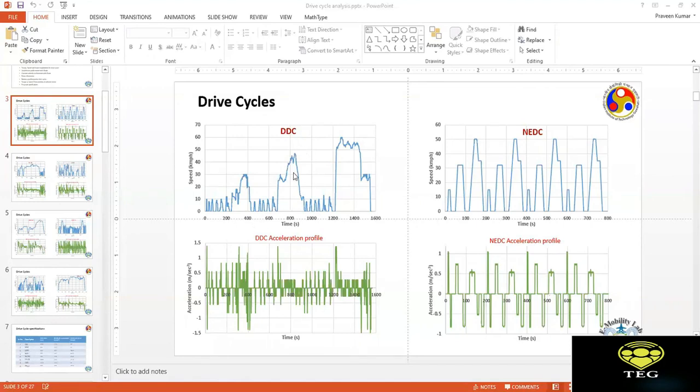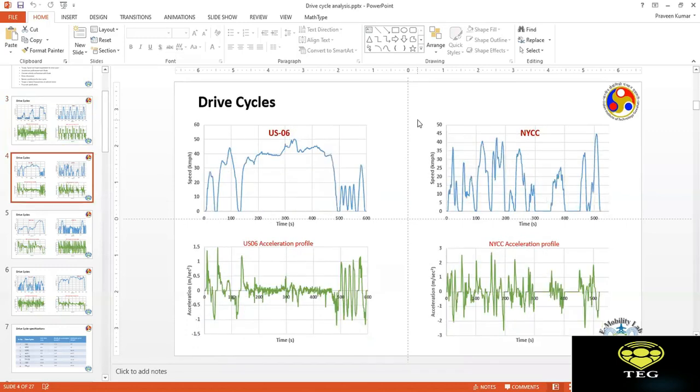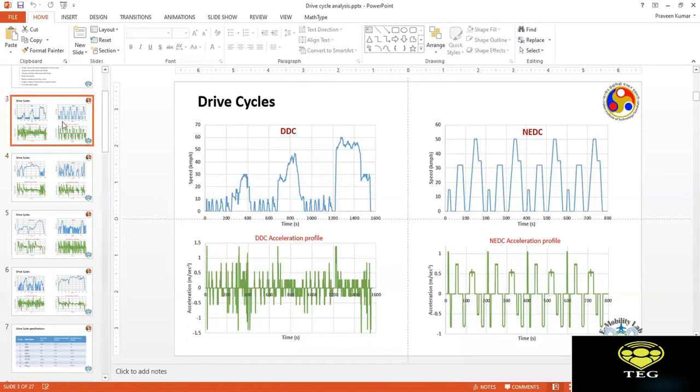And then it's followed by a high speed region, then comes back to 10 kilometers per hour, and then goes to a higher speed. Do you have such a scenario here in case of the New York City cycle? No, sir. So in case of the Delhi drive cycle, you go up to 10 kilometers per hour, then you brake and stop.